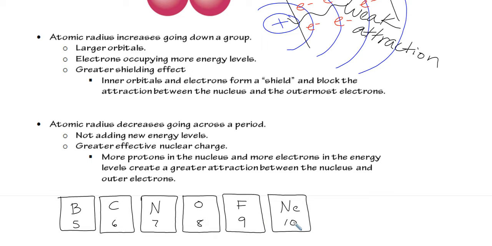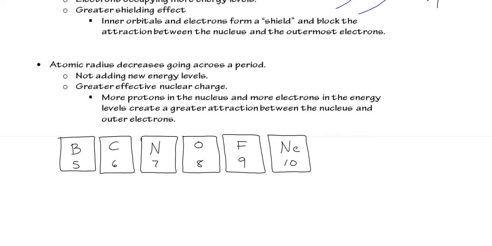Okay, so here's a group of elements going across. I just randomly picked going across the 2p block. People will mistakenly assume that the atoms are getting bigger. The radius must be getting bigger because there's more stuff. You know, they're not complete idiots. They know that if I say boron is element number 5, the atomic number is 5, meaning that there are 5 positive protons and 5 negative electrons.